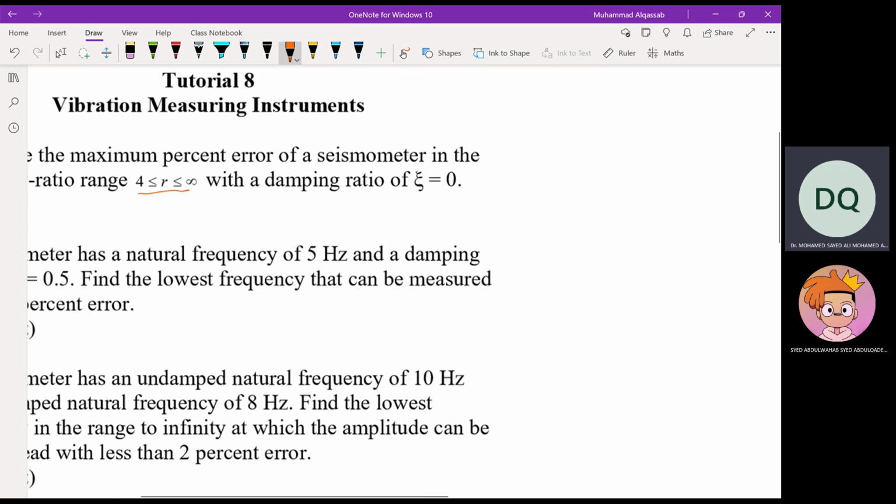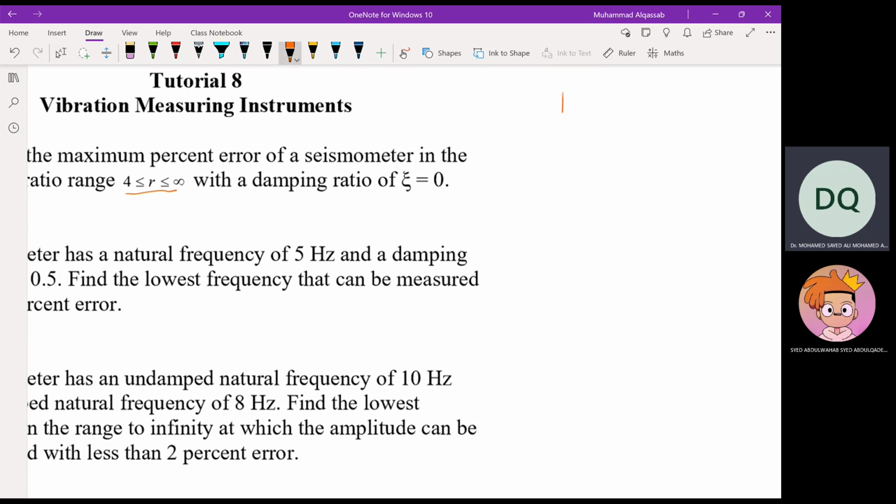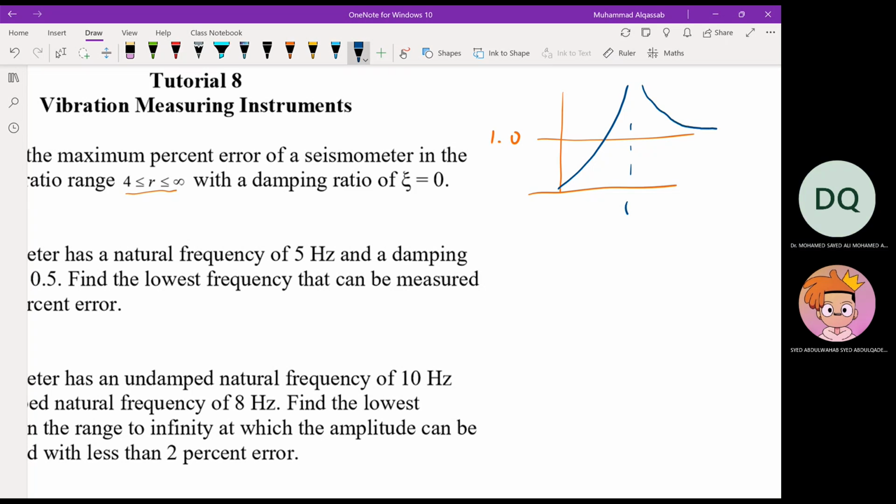And we know that for the graph of a seismometer, the error factor will become asymptotic with 1. So the error factor will go up this way, and then this is at resonance, and then it will decay this way, becoming asymptotic with the line 1.